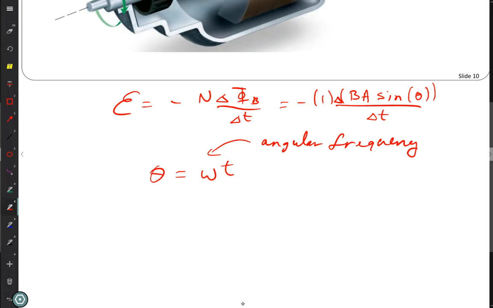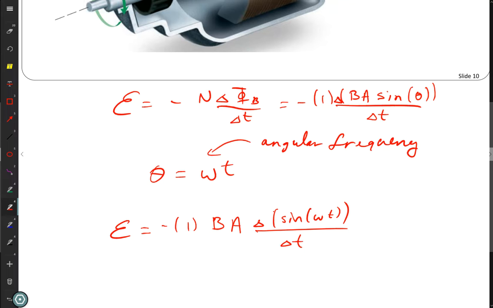If that's the case, then my EMF is equal to minus 1 times the magnetic field, which is a constant here because I have a fixed magnet, times the area, which is a constant because it's a fixed shape for the loop, times the change in sine of omega t over change in time.